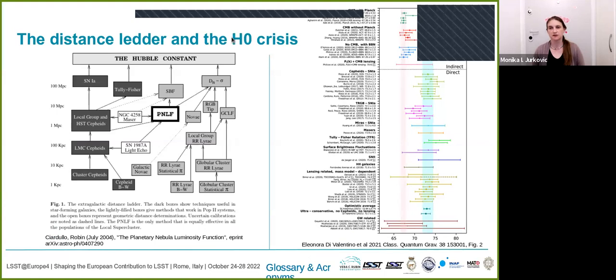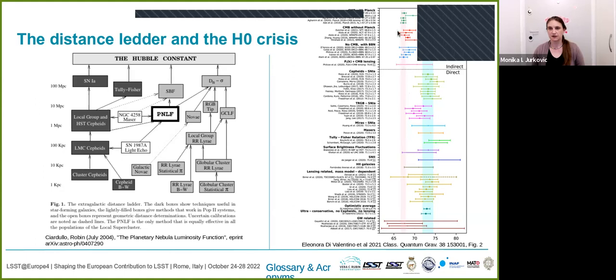Why is this important? In the past few years, we have seen an increased debate about the exact value of the Hubble constant, which is shown here on the panel.